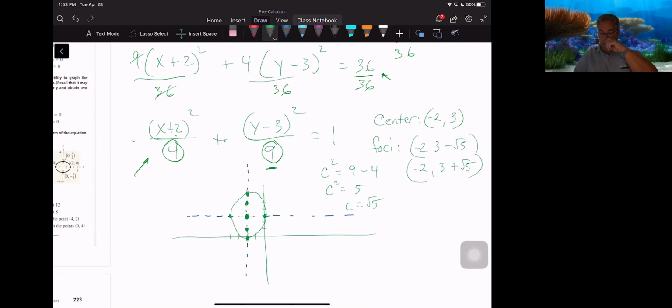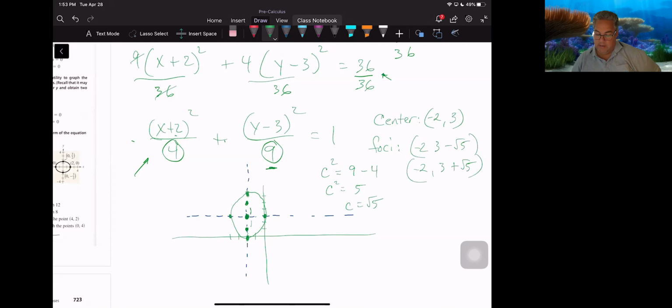So there's your coordinates of your 2 foci. You don't have to find the decimal. You just leave it as 3 minus square root of 5. And you could say 3 plus or minus square root of 5 and just list one pair. So here's 3, right? And I'm going to add, and I'm going to subtract. And then that gives me where my foci are at.